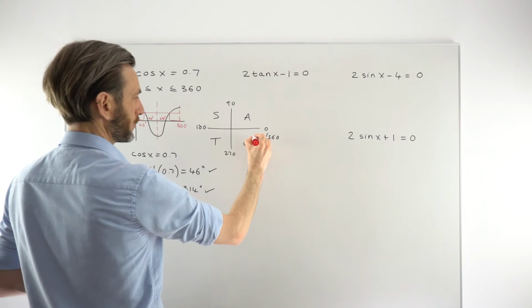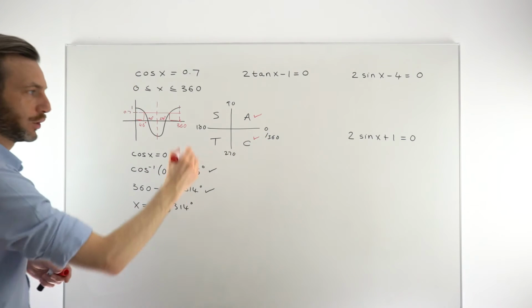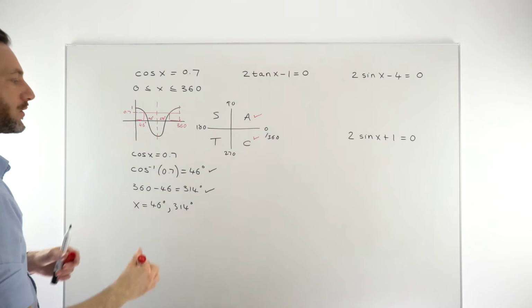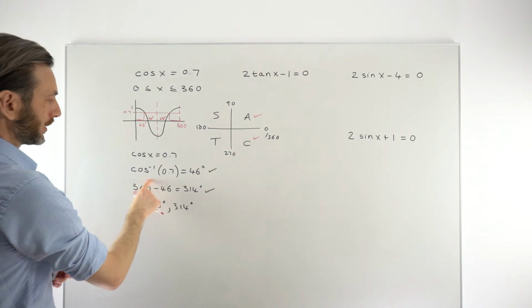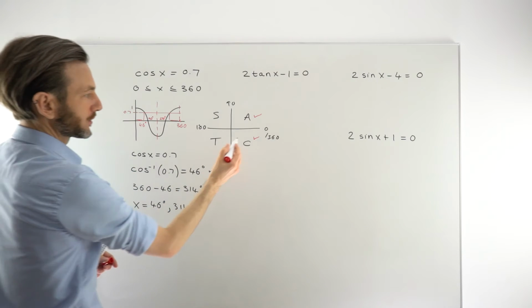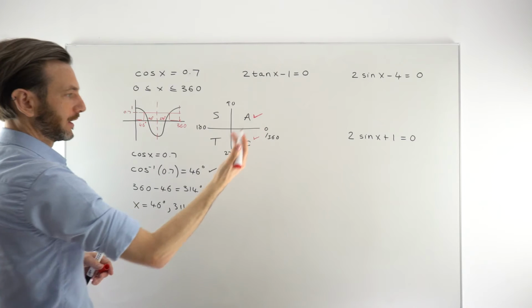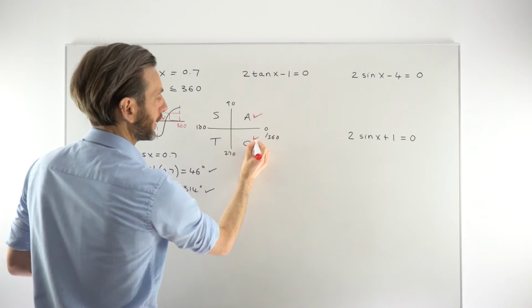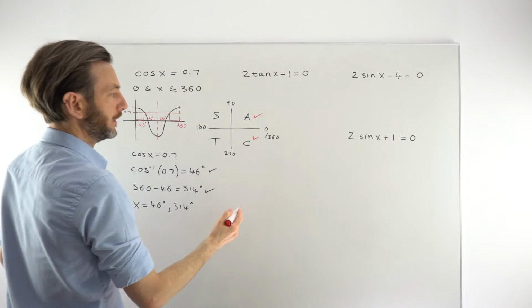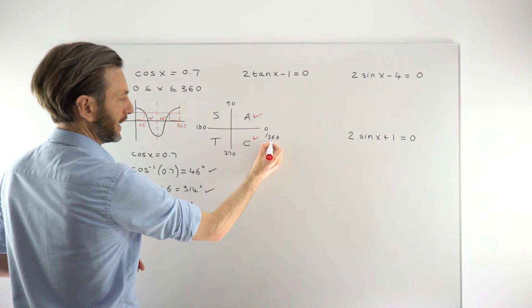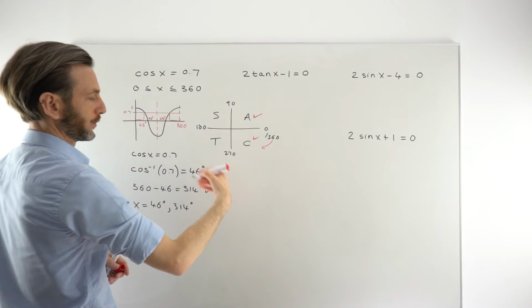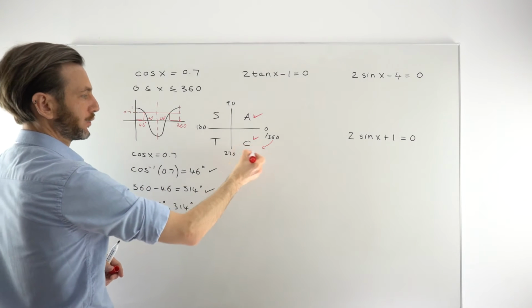Cosine is positive in its own quadrant, in the first quadrant. So we check in those two quadrants. We did the calculator exercise and it came out to be 46 degrees. 46 is between 0 and 90, so that's fine. That validates that that's a solution. The second check is in the fourth quadrant. So we do 360 minus the original solution, 46, to get a solution in that quadrant.